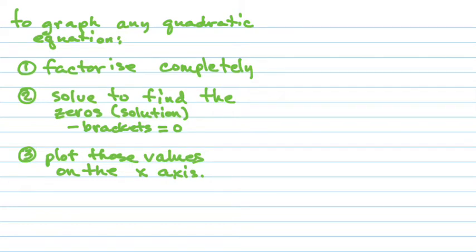They're not the only solutions to the equation. There are an infinite number of solutions to every quadratic equation. These are just two specific solutions that are called the zeros because they're the spots where y equals 0. They're the x-intercepts, right? Exactly.